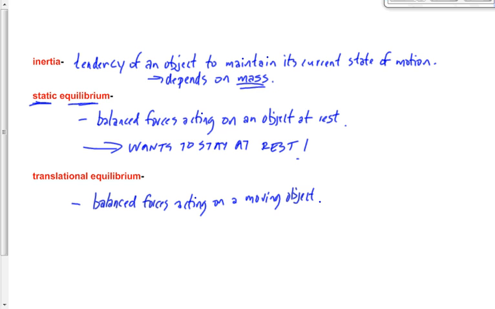But if the forces are balanced, in other words, it's in translational equilibrium, then this object that's moving will keep moving, but specifically, it'll keep moving at a constant speed or a constant velocity.